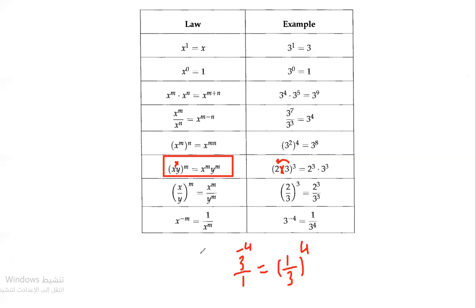Clear. Yeah, if the exponent is negative, you convert the fraction to get a positive exponent.